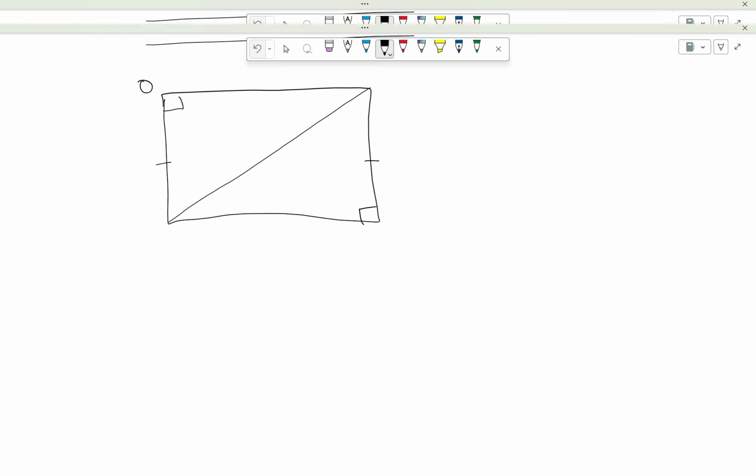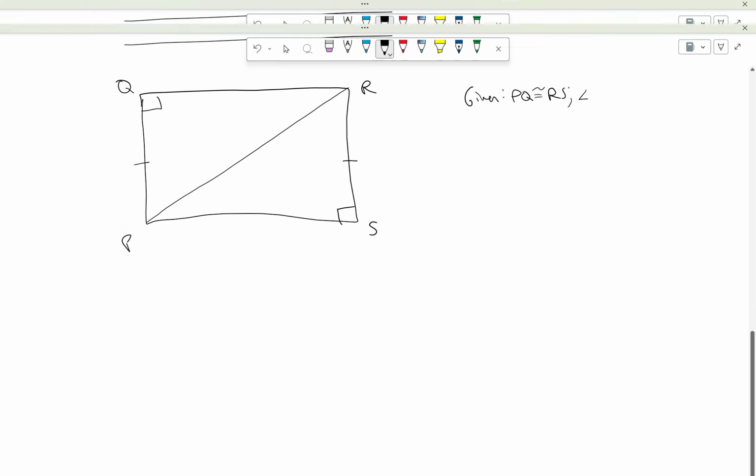I have P, Q, R, and S. And what we're given is just that PQ is congruent to RS, and angles Q and S are right angles. Okay, and we're going to prove some congruent triangles.